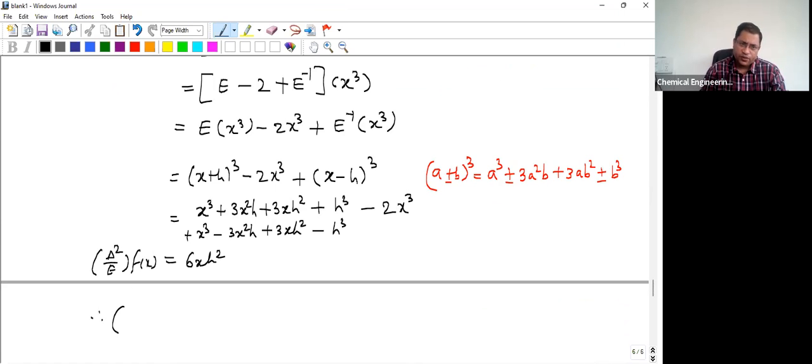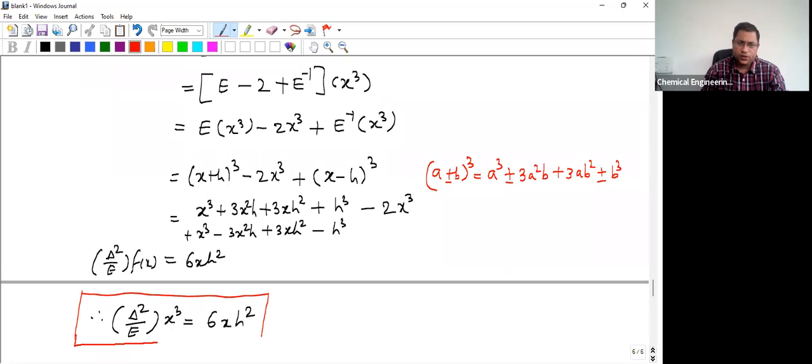So we can say delta square by E operated on x cube is equal to 6x h square. So this is how we are able to operate the operators on a polynomial, and we are able to operate the combination of operators on the function as well as on the polynomial.